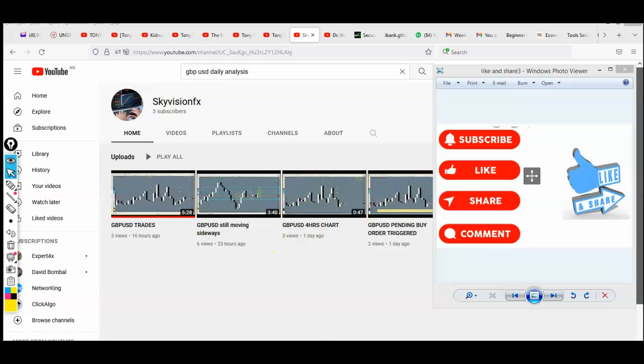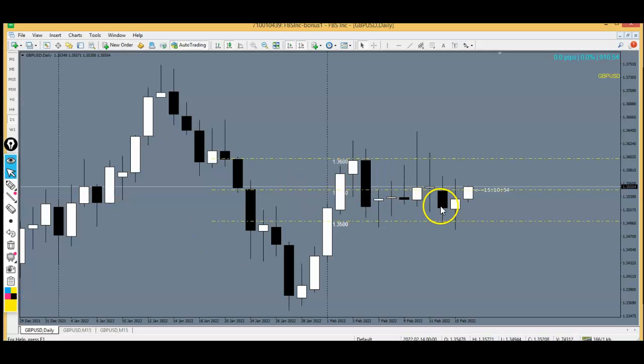Okay, let's see what the daily time frame is saying. Alright, so we said the pound USD has been moving sideways in the last few days. Because it's moving sideways, my perspective is that I'll be looking for tops and bottoms to trade off of them.